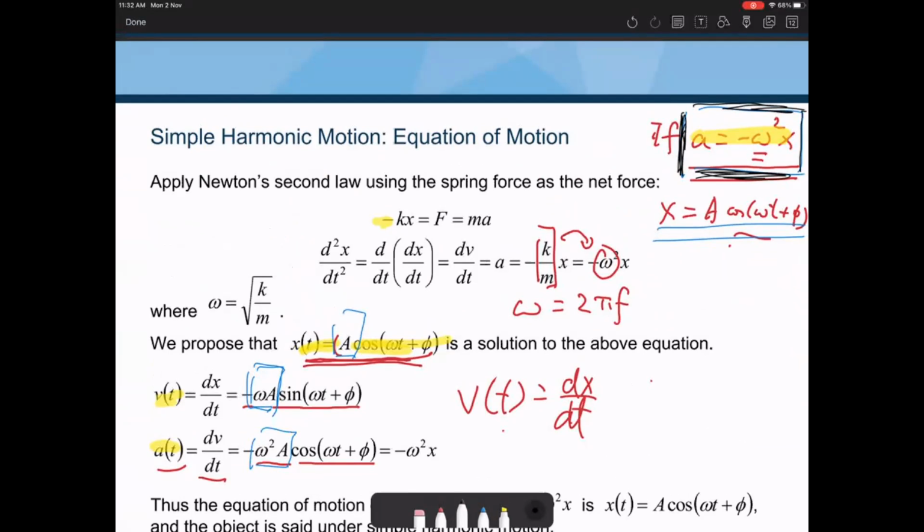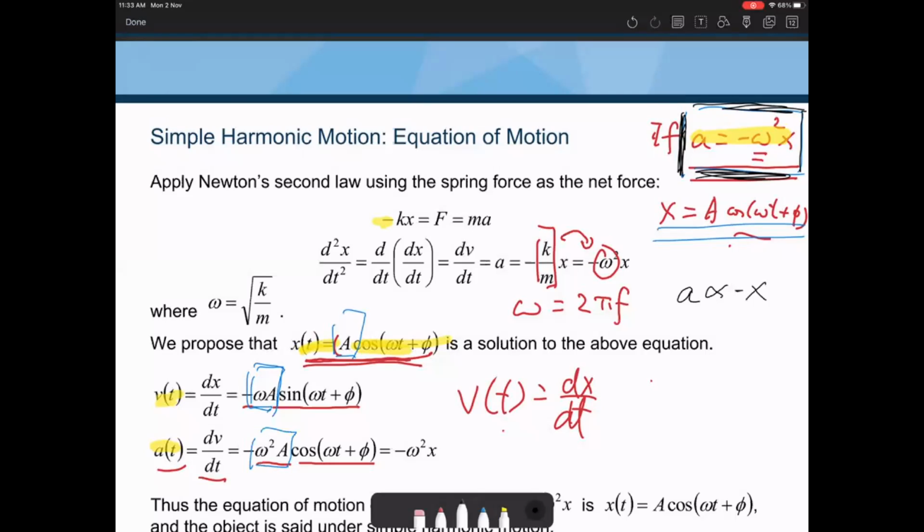So we have this equation. Basically, you start by observing that the acceleration is proportional to the displacement of the particle from the equilibrium position. And in order to perform an oscillation, the acceleration must be negative to the displacement.